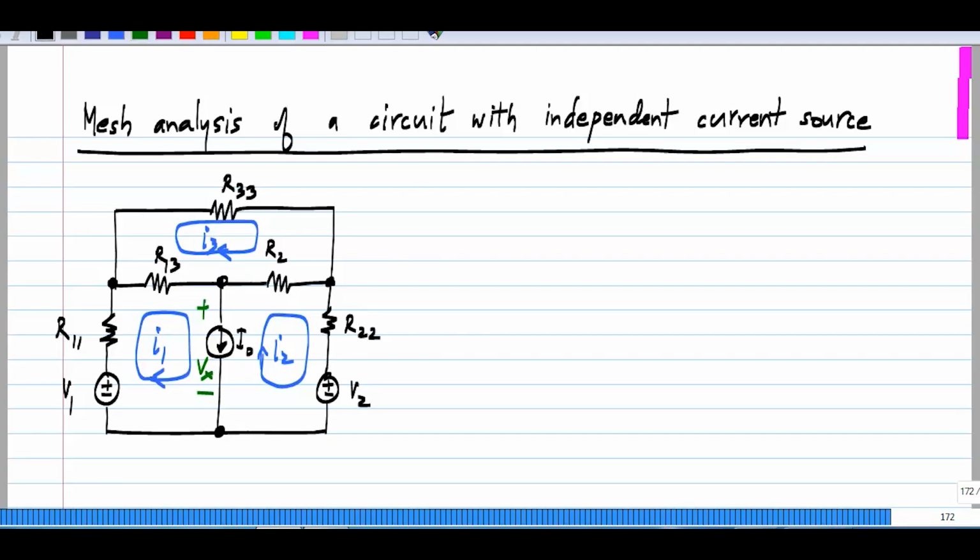Now if I write the KVL equation around the first mesh, I will get I1 times R11 plus I1 minus I3 times R13, which are the voltage drops across R11 and R13. I don't know the voltage drop across this current source, so I'll just label that Vx, and that should be equal to the voltage rise V1. So this is for mesh number 1.